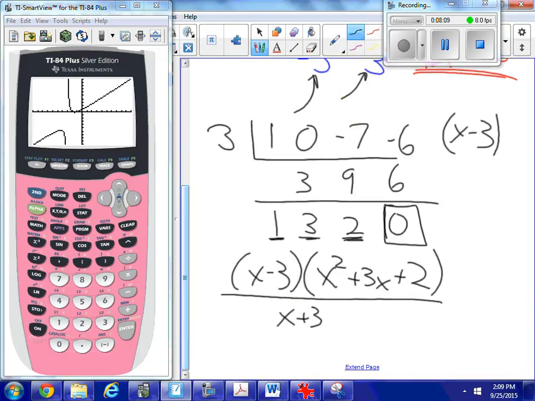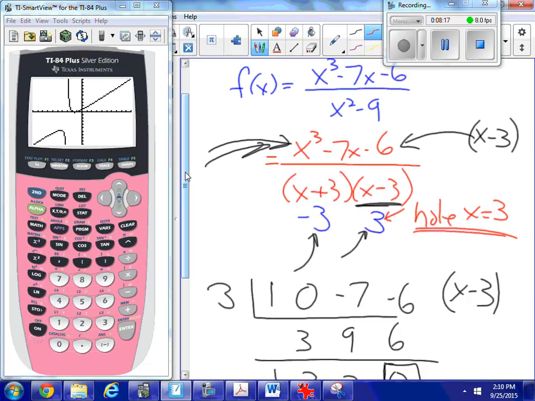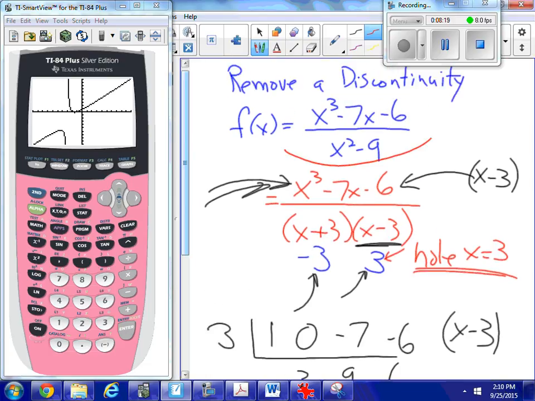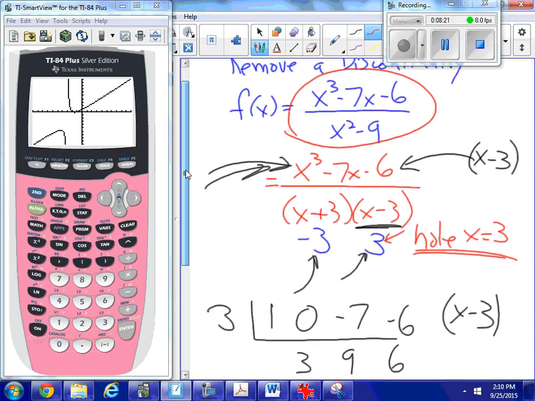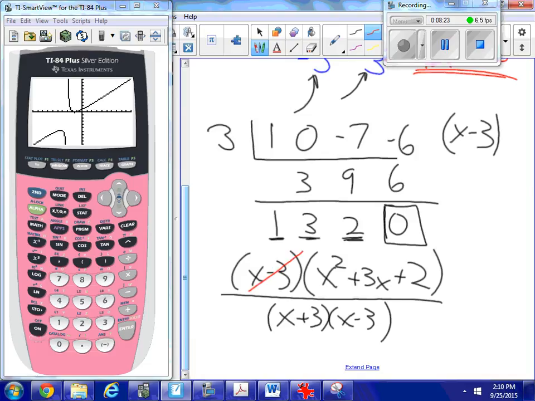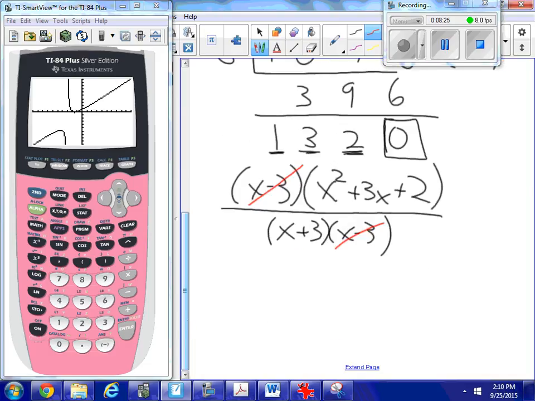And I find that my function, I can now write in lowest form by crossing that out. And I can now write this as x squared plus 3x plus 2 divided by x plus 3.